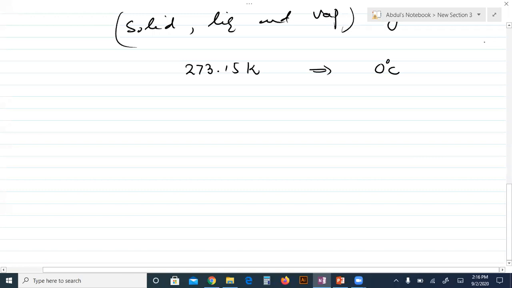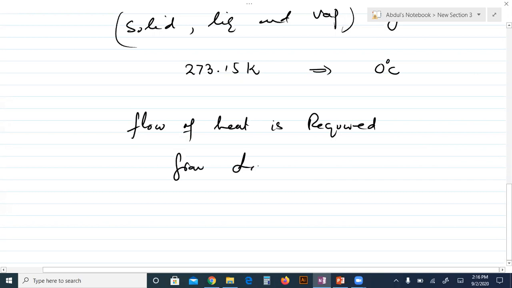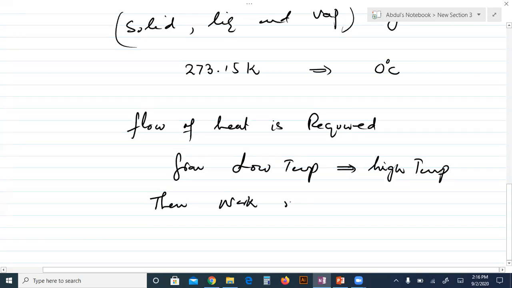So naturally, heat flows from high temperature to low temperature, but when the flow of heat is required from low temperature to high temperature, then work must be done externally.